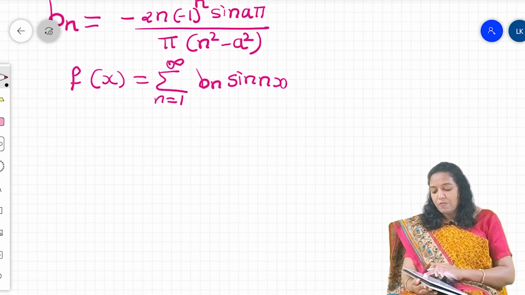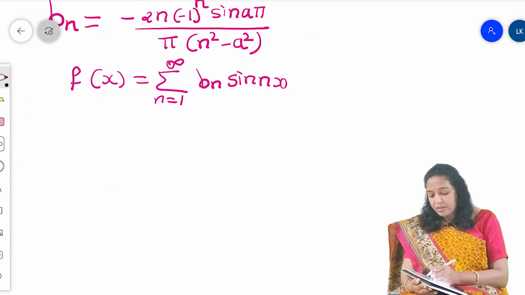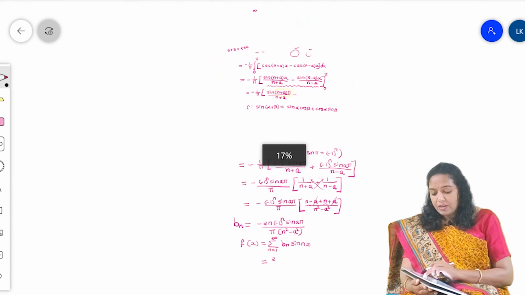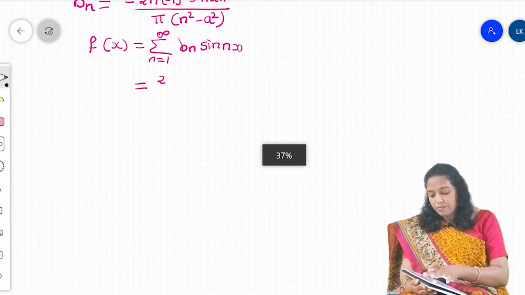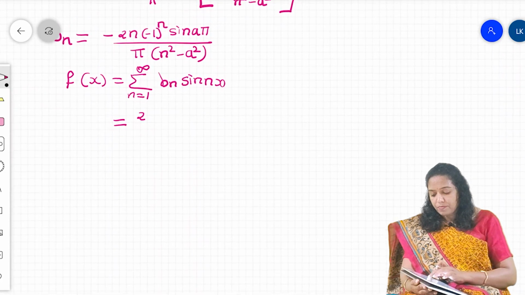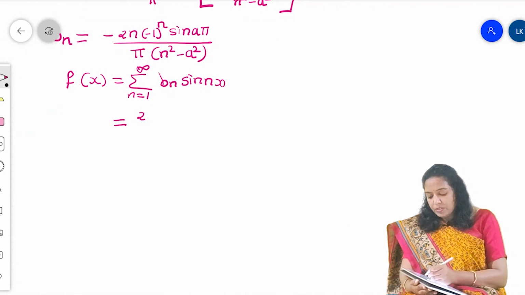Putting the value of Bn here, now summation n is 1 to infinity, therefore the terms independent of n we can write outside, that is 2 into sin a pi upon pi, we can take outside the summation.